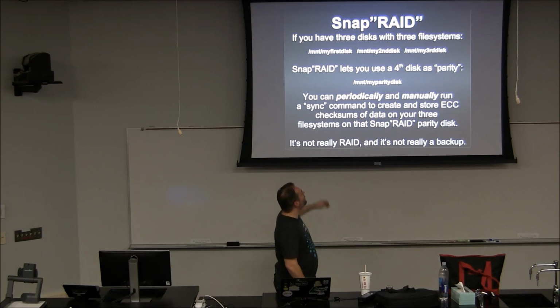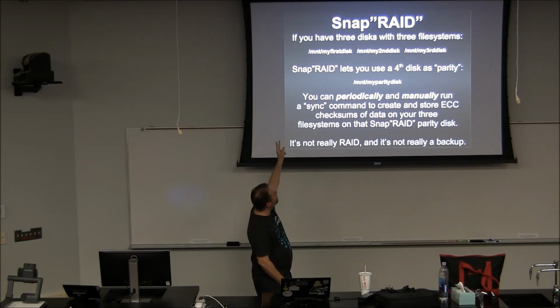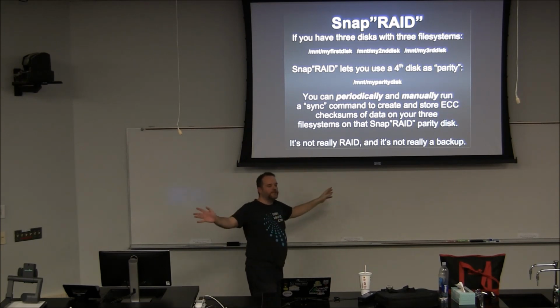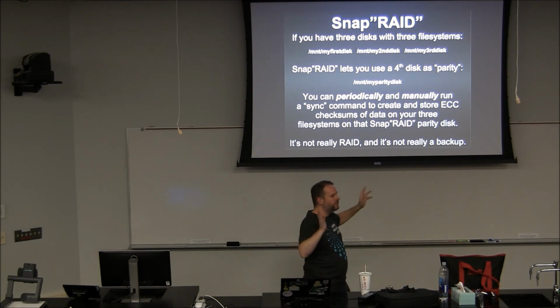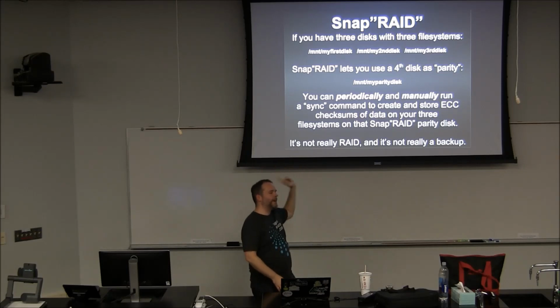All right, so what SnapRaid actually does is, you say you have these 3 disks or 3 file systems, my first disk, my second disk, and my third disk. They're individual disks, they've got their own files. There is no union at this level, they just do their thing. You can take a 4th disk and tell SnapRaid, this is my parity disk.